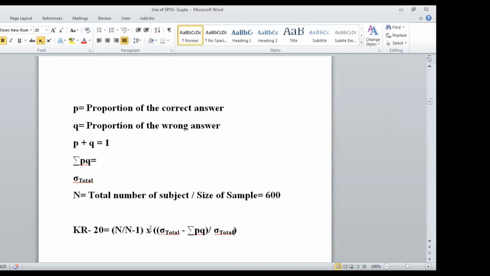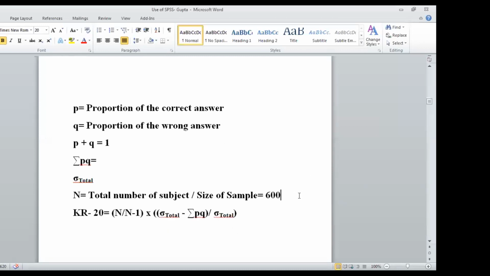So you can use this only and only in case of a test. This you cannot use for the scale. I hope you have understood it. So these are some of the methods of establishing the reliability.